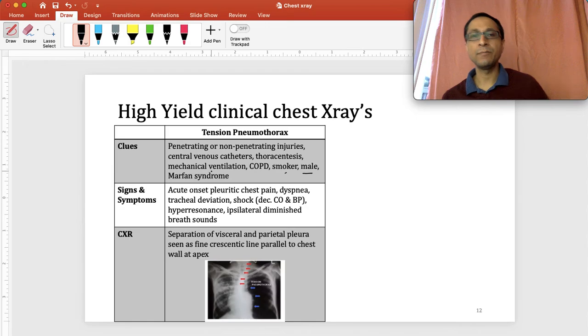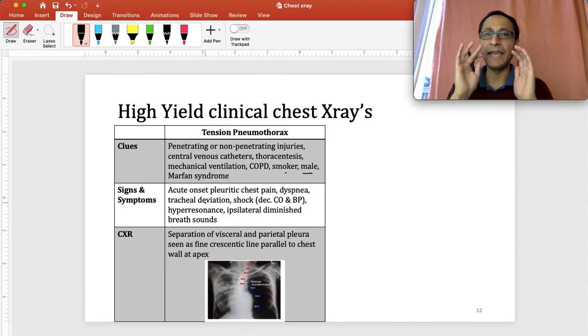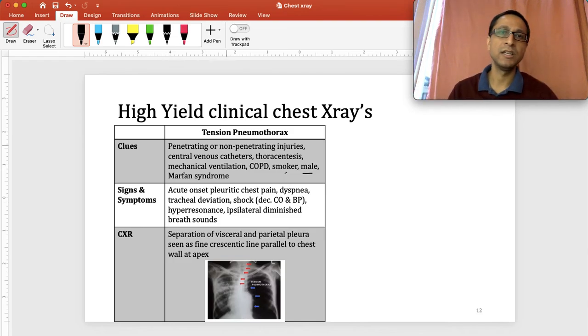Hyperresonance: anytime we tap on the lung fields and there is a lot of air collection, that represents hyperresonance on the side that is affected. You'll have decreased breath sounds because of air that is compressing that particular side of the lung, right? So that's tension pneumothorax.